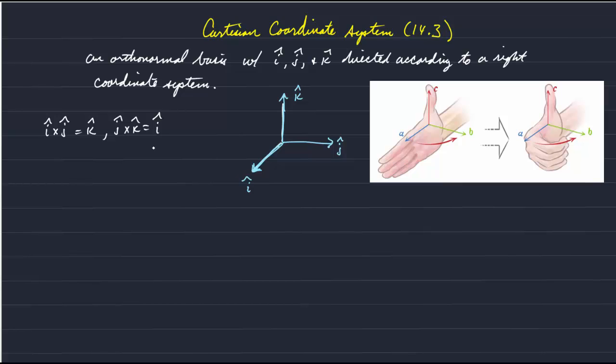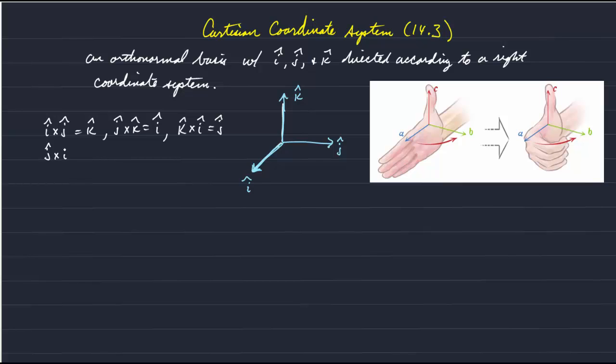Again, these are all unit vectors, so their lengths are all 1, and that's why these orthogonal vectors give also unit vectors. Again, the sine of the angle is 1, so the resulting vector has magnitude 1. And then finally, k hat crossed with i hat is equal to j hat. You should verify that by turning your fingers in the directions of these different axes.